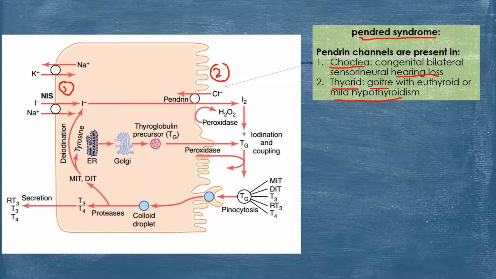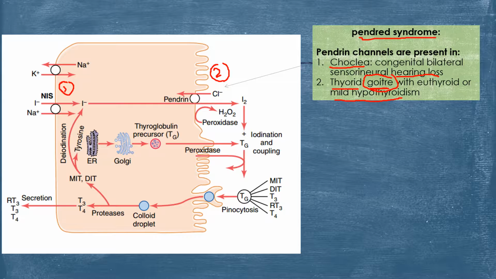That will result in decreased thyroid hormone levels. This will result in increased TSH synthesis, and TSH, which is the thyroid stimulating hormone, is secreted from the anterior pituitary, and it has hypertrophic effects on the thyroid gland, and that will result in goiter, which is enlargement of the thyroid gland.